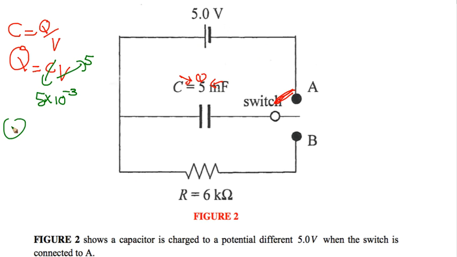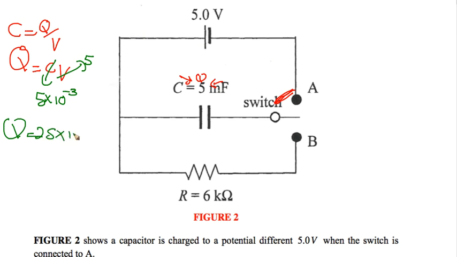So the charge on the capacitor is equal to 25 times 10 to the minus 3 coulomb.